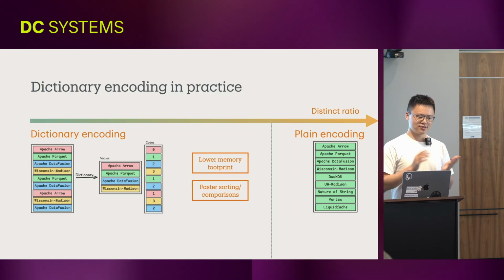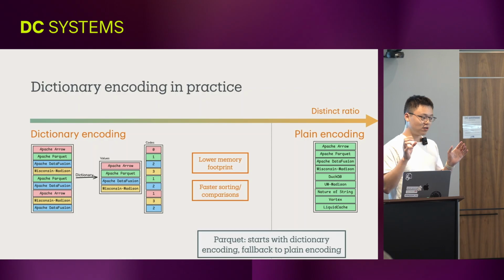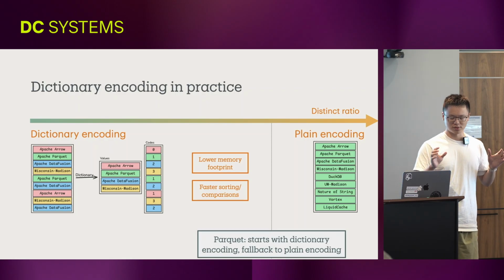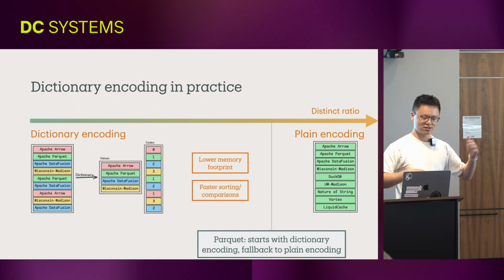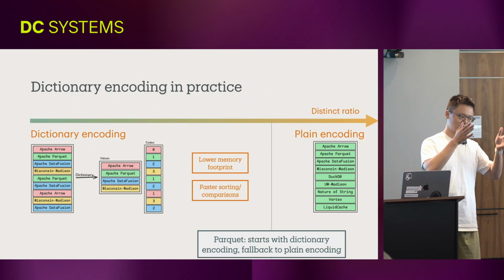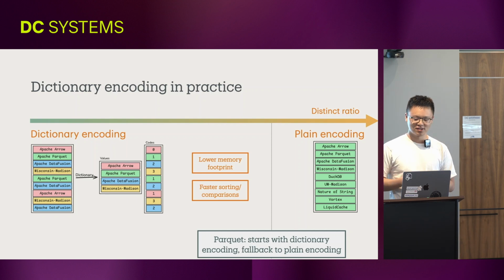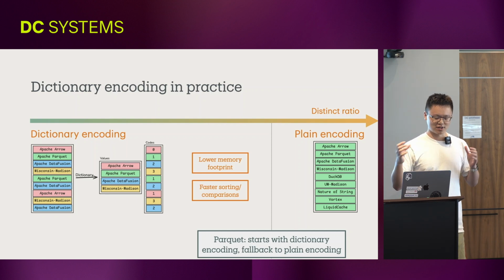And actually, existing systems already have this heuristic. For example, in the Parquet format, it will always start with dictionary encoding, keep putting things into a dictionary, and when the dictionary grows too large, it falls back to plain encoding. So it's kind of striking a balance.